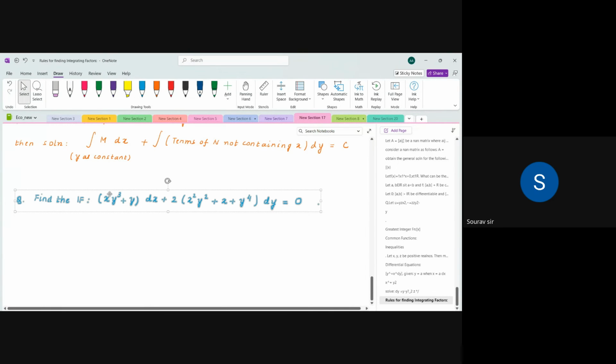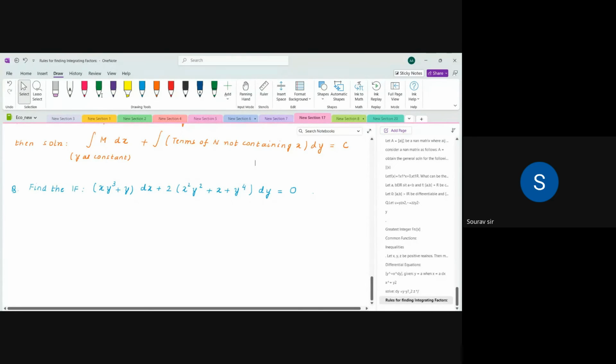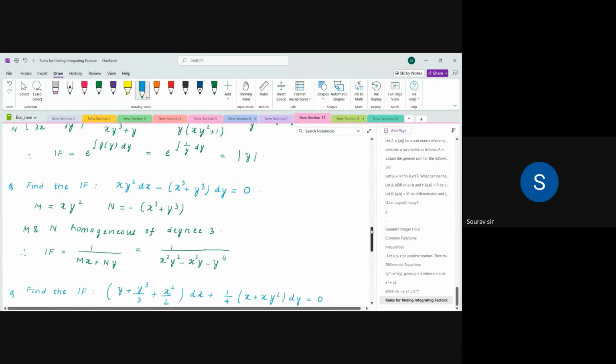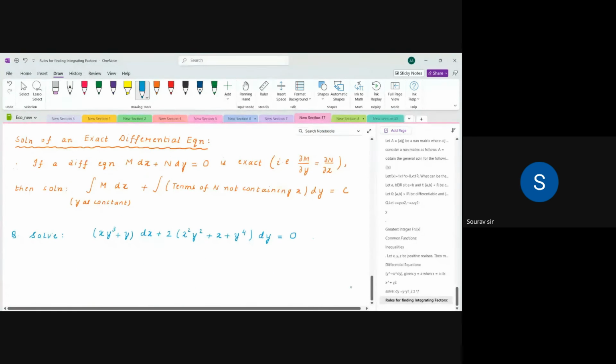Let's say the question is that I want to solve this differential equation. Not only do I want to find the integrating factor, but I want to solve it. And what was the integrating factor that we got for this? It is simply y.